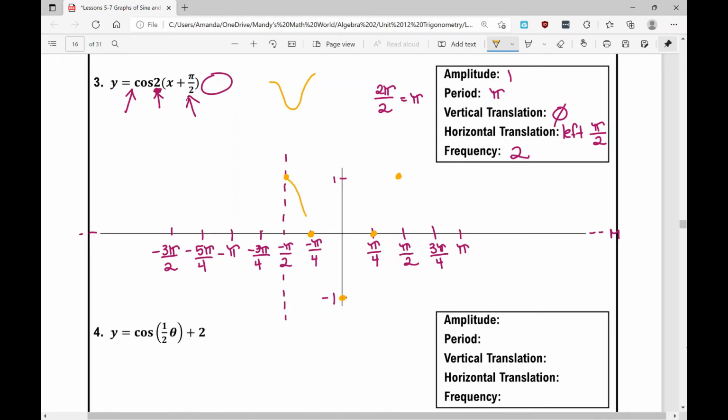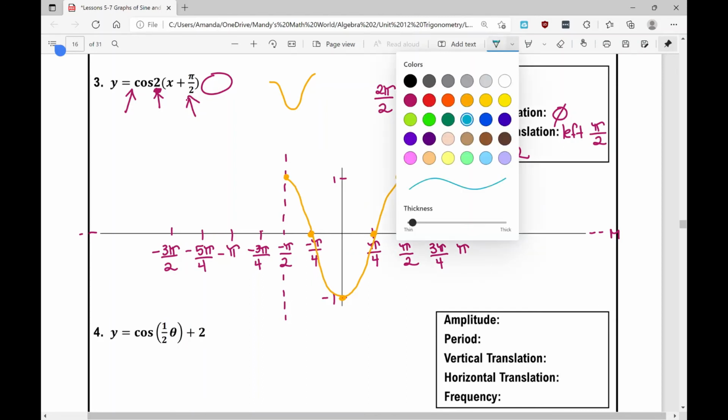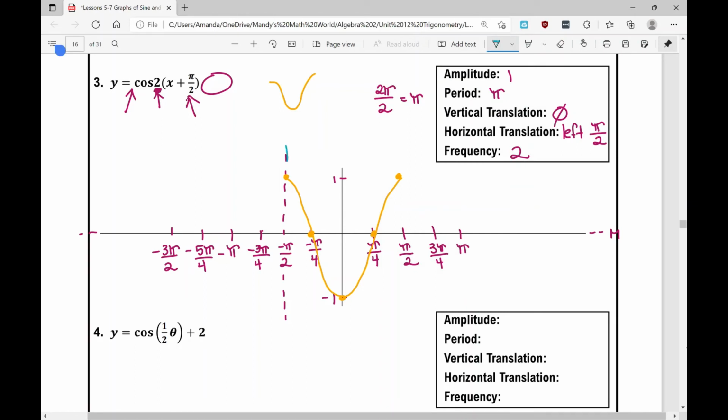And that is one cycle for this cosine function. As you can see, the period is from the high point right there to the high point right there. That's one period, and the length of that is pi. From negative pi over 2 all the way to pi over 2, that's 1 pi.